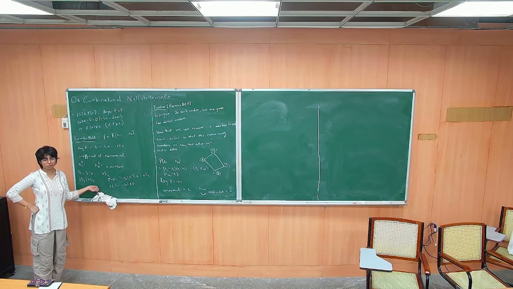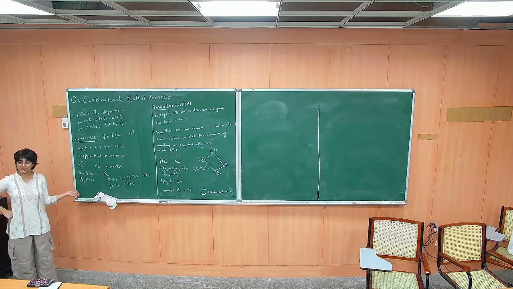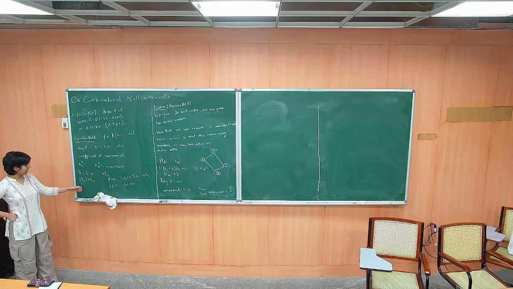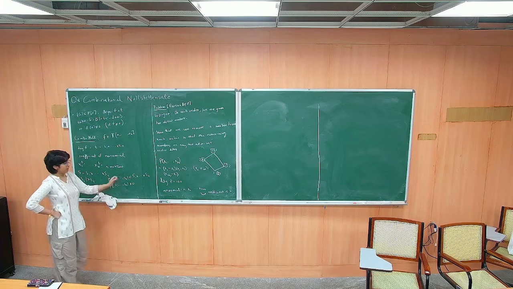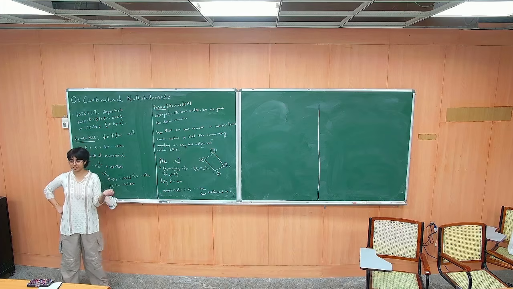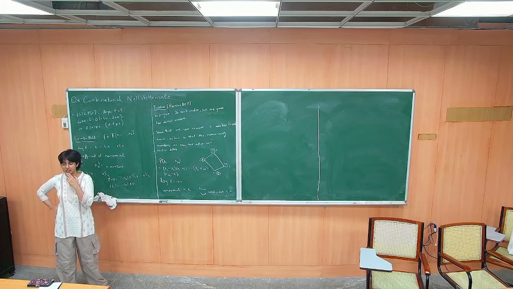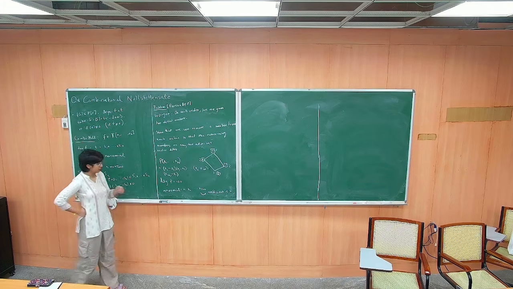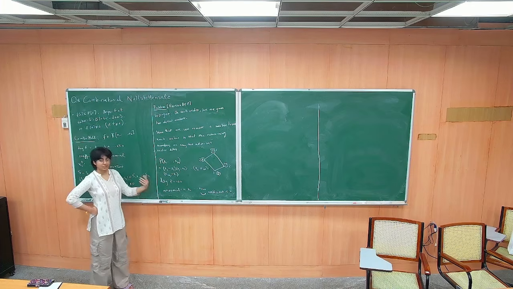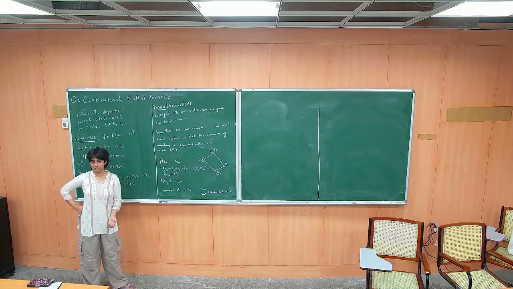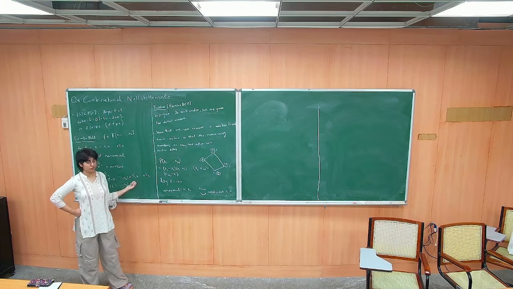I can use the Combinatorial Nullstellensatz. What does it say? It says that if I have this condition satisfied, then I can choose s1 up to s100 such that this polynomial at s1 up to s100 is non-zero. Do you see that? That's what the theorem says.